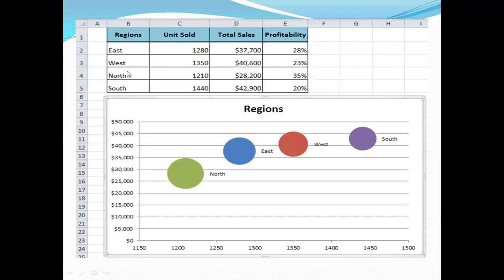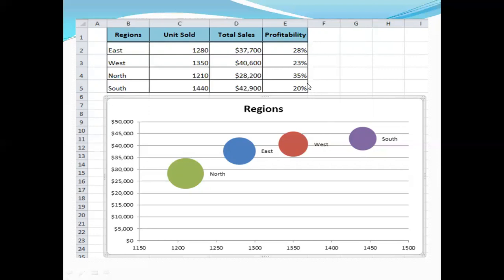Then where can you see these regions, east, west, north, south? It is not plotted on the X and Y axis. It is plotted on the bubbles. And you can see these bubbles are of different sizes. Its size depends on the profitability. You can see that north has 35% profitability, so the bubble of north is the greatest. The west profitability is 23.